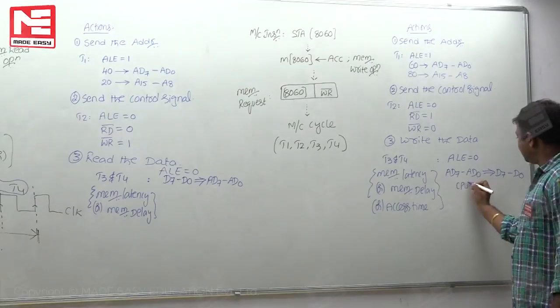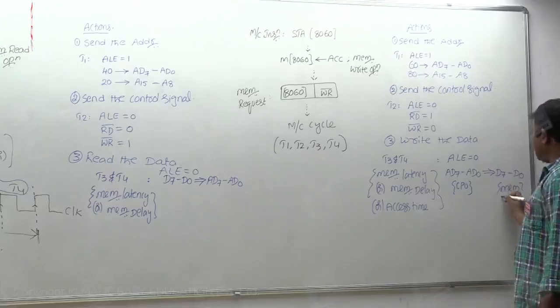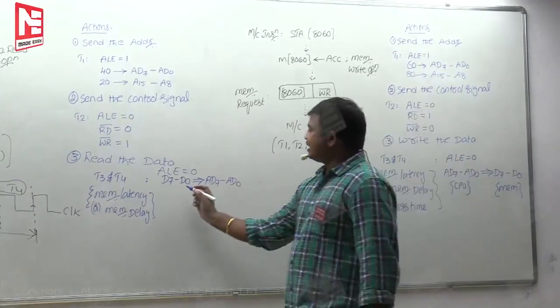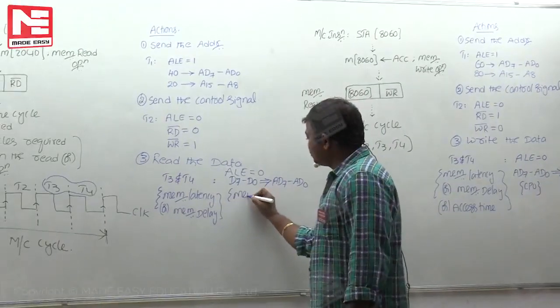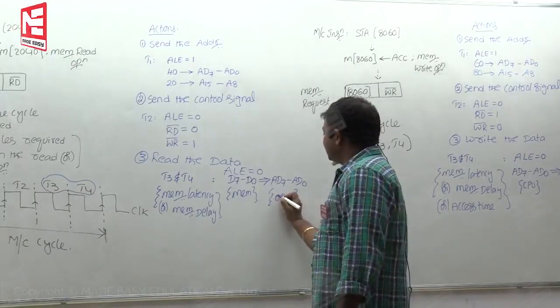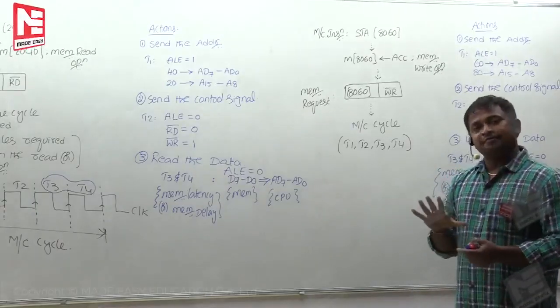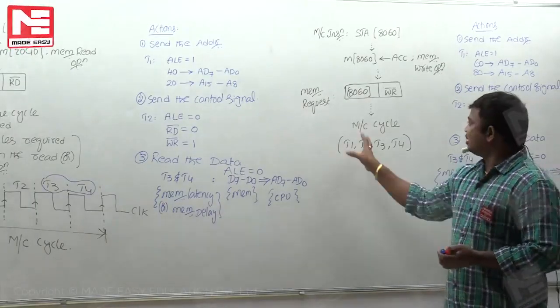This is CPU. This is memory. This is the write operation. But in the previous case, here memory to CPU. This is the read operation. Is it okay? Memory read, memory write. Two actions are performed in this order.